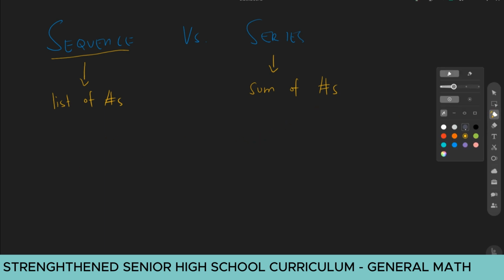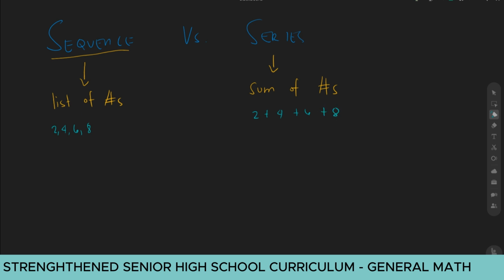For example, the list of numbers: 2, 4, 6, 8. And the sum of numbers: 2 plus 4 plus 6 plus 8. So that is the difference between the two.